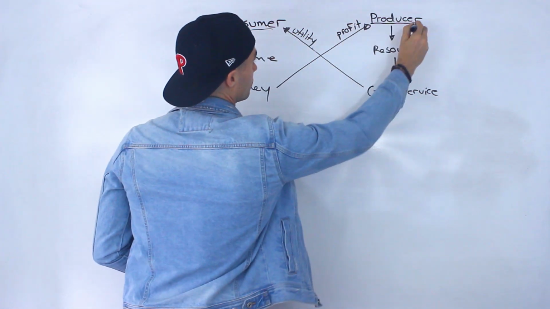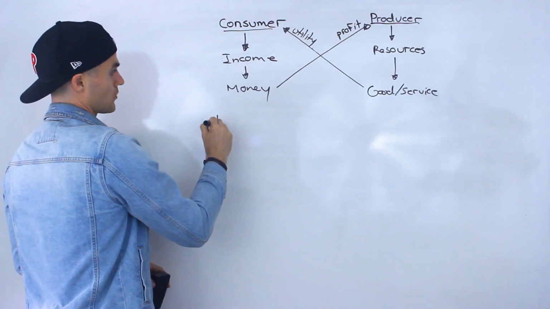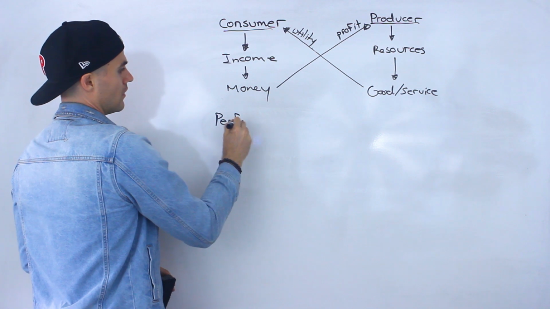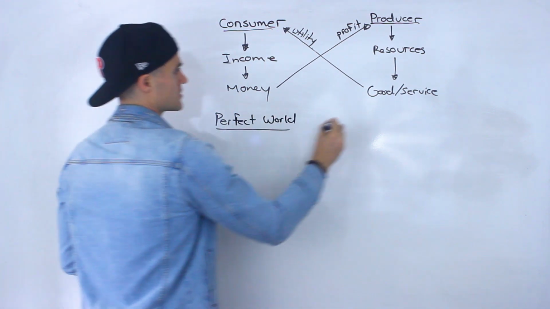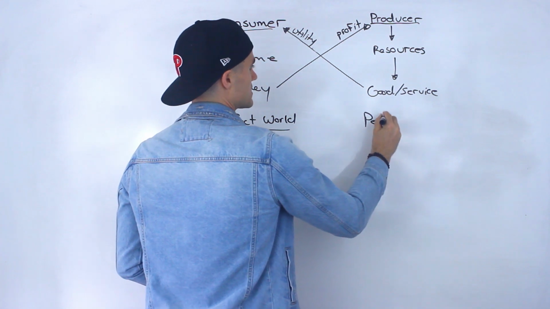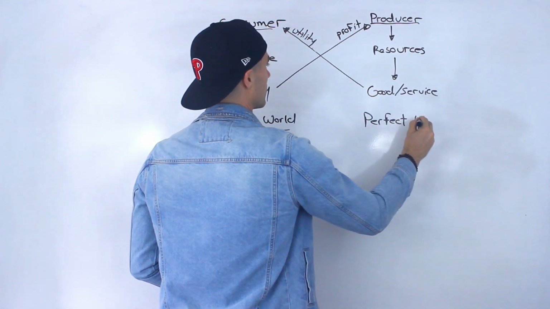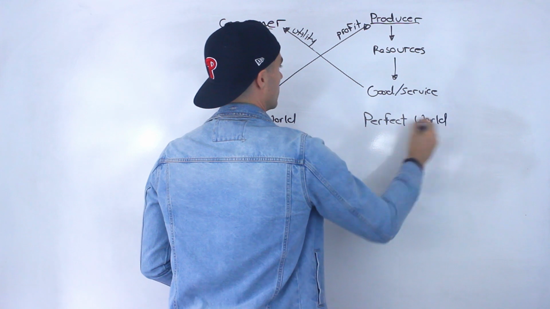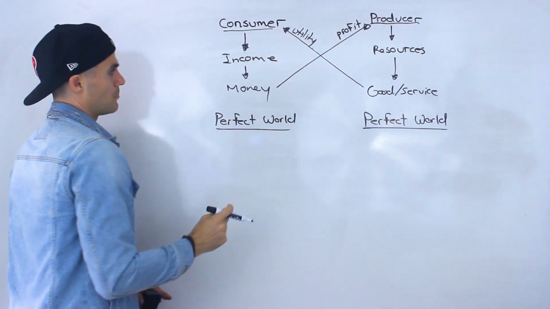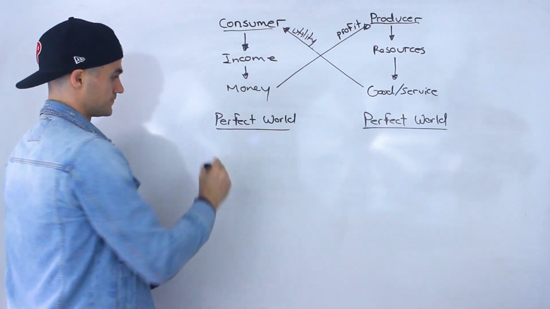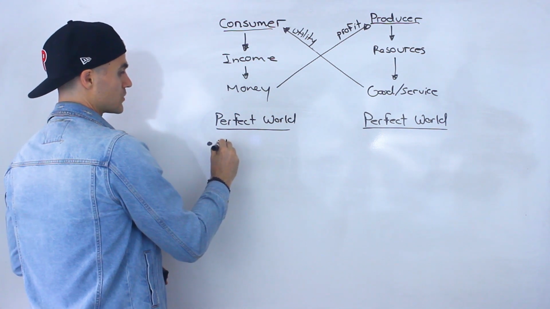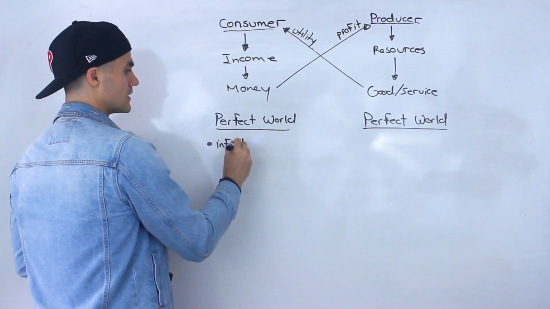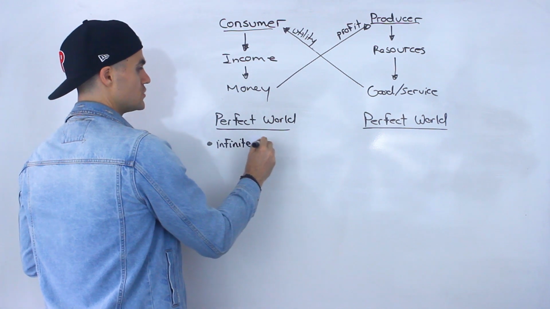Now, in a perfect world, how would a perfect world look for a consumer and a producer? So let's describe two scenarios here. A perfect world for a consumer would be receiving infinite utility.